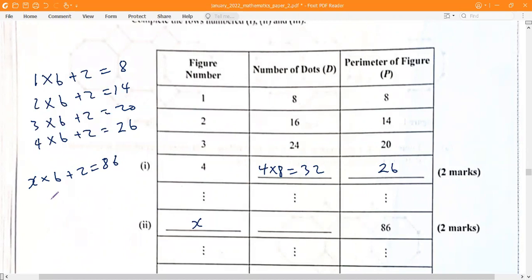It will be 86 minus 2, divided by 6, equal to x, which is 84 divided by 6, which is 14. So we get x equal to 14. And of course we multiply 14 by 8 to get the number of dots. 14 multiplied by 8 is 112.